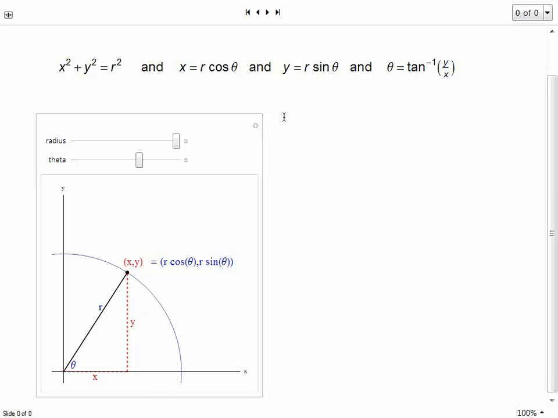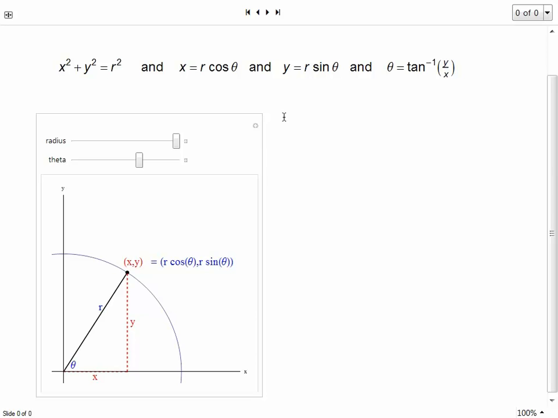And then by the definition of cosine of theta, cosine is adjacent over hypotenuse, so you could create this relationship that x will always be r cosine theta. And then you could do the same for y. And then this theta here comes from the relationship between theta, opposite side and adjacent side, tangent, right? And then do the inverse on both sides to get back to theta. So those are the major connections between Cartesian and polar.